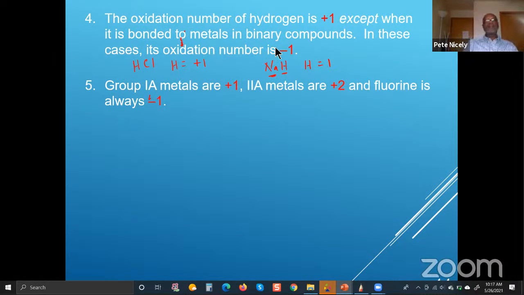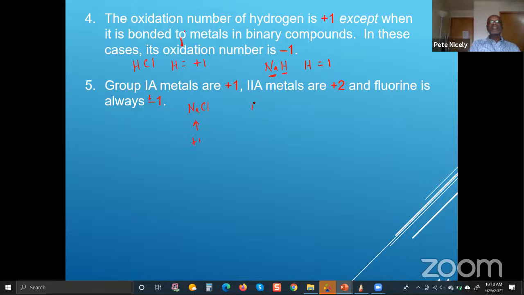Rule number 5: group 1A metals are always +1, group 2A metals are always +2, and fluorine is always -1 in compounds that contain these elements, all right? So it doesn't matter what they're combined with. In the case of sodium chloride, the oxidation number of sodium is +1.